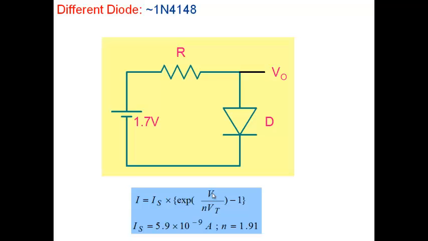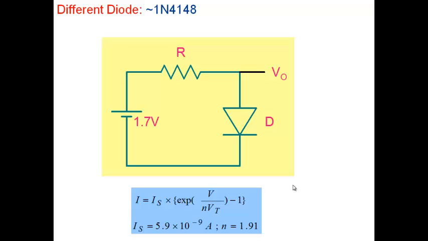Just do a quick check: take that current, you know the diode, and calculate what the value of the voltage is. If it's nearby 0.7, if it is 0.65 or 0.55, you're okay. You don't care too much. But if you find it's 0.2 or 0.3, then you can do a correction and assume that your diode can be approximated not by 0.7, but by 0.3. And then it would be okay. So be on guard that the 0.7 volt model may not always be applicable, and then you can easily check whether it holds true or not.